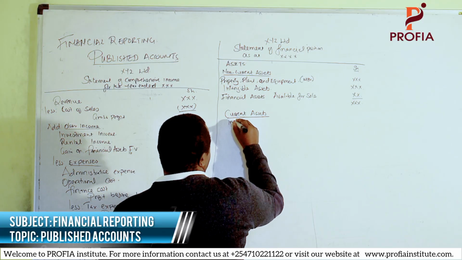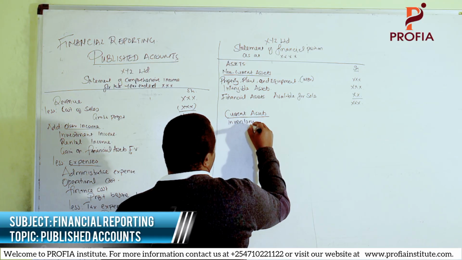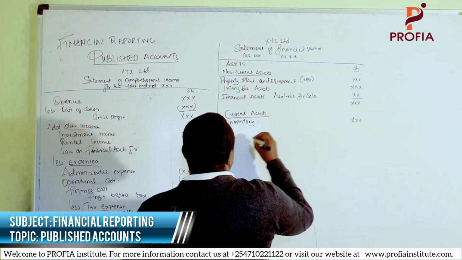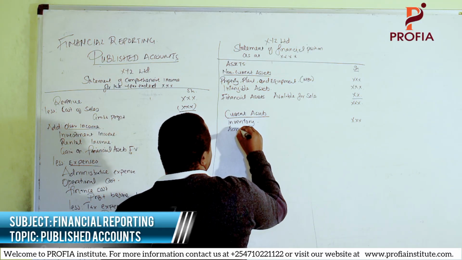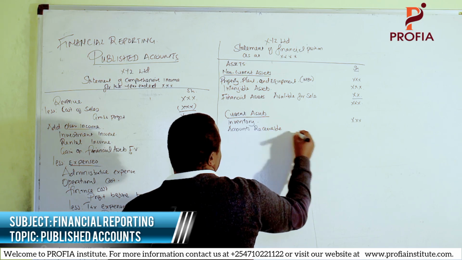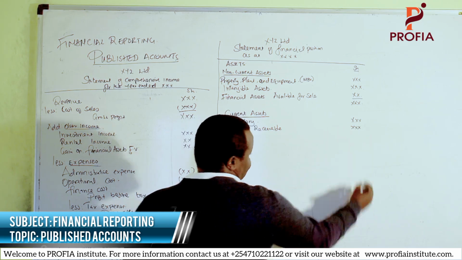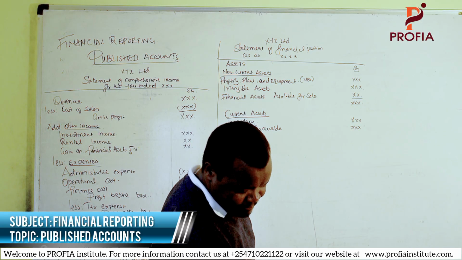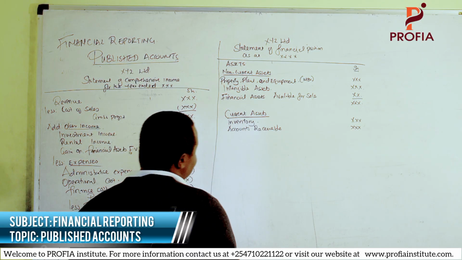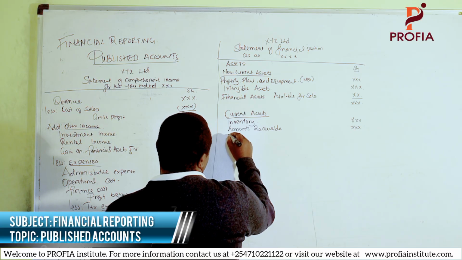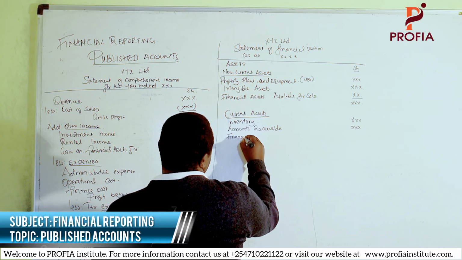Inventory. Accounts receivable. We have financial assets.